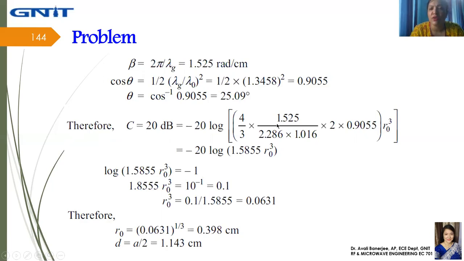We have substituted all the values here, but R0 is unknown. So from here the next step is R0. From here R0 is obtained as 0.0631. Then we have taken the cube root to obtain the value of R0.